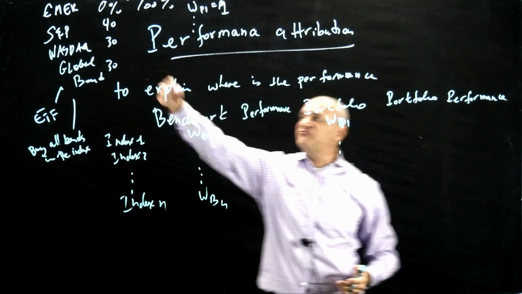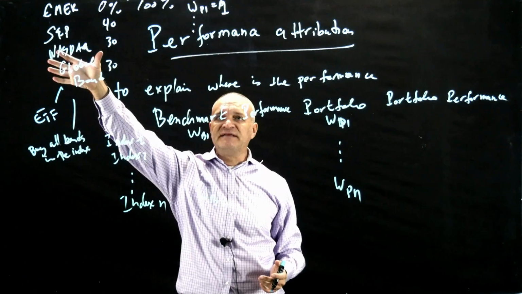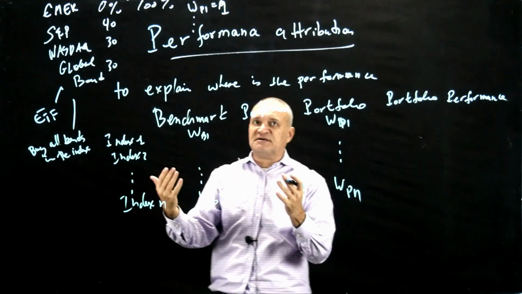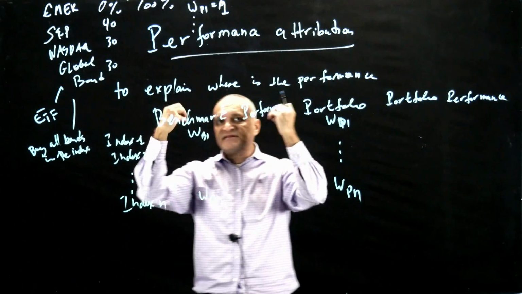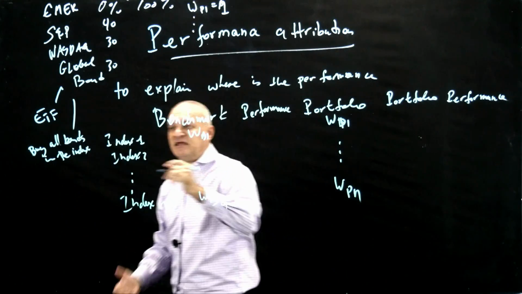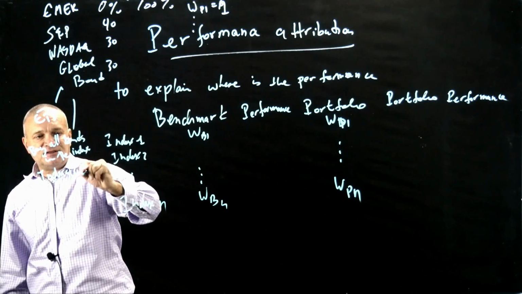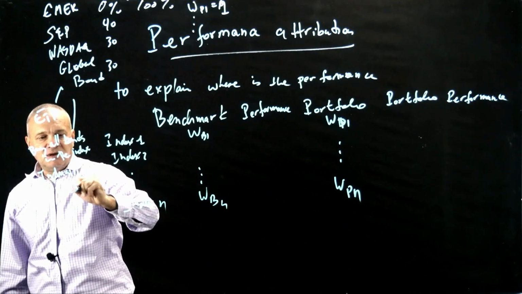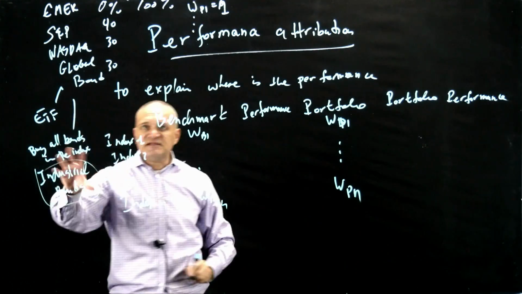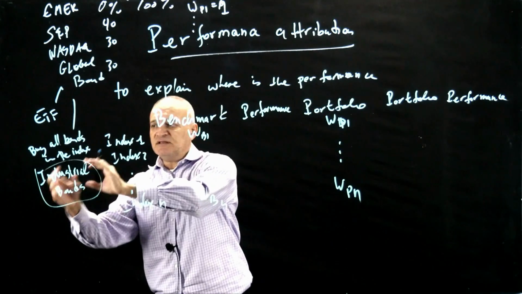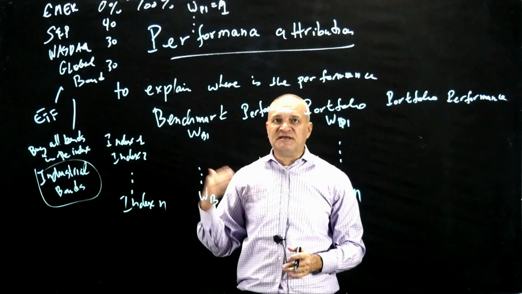Maybe you invest in the same benchmark, but let's say you invest in a sector. You may think that your sector is your benchmark, let's say industrials. Industrial bonds are your benchmark, but you invest in different bonds than you have in the benchmark, which are still industrials.